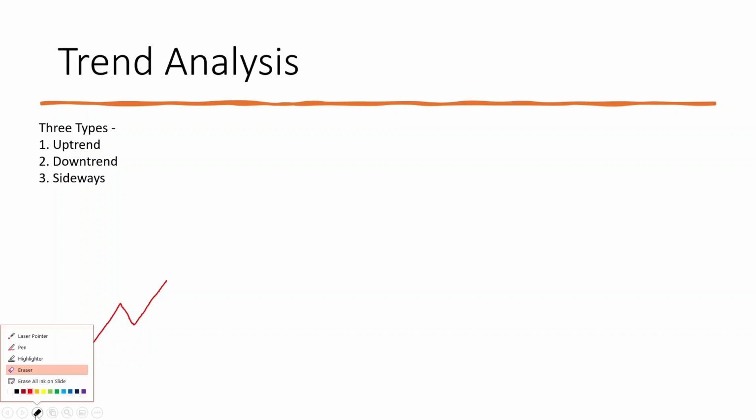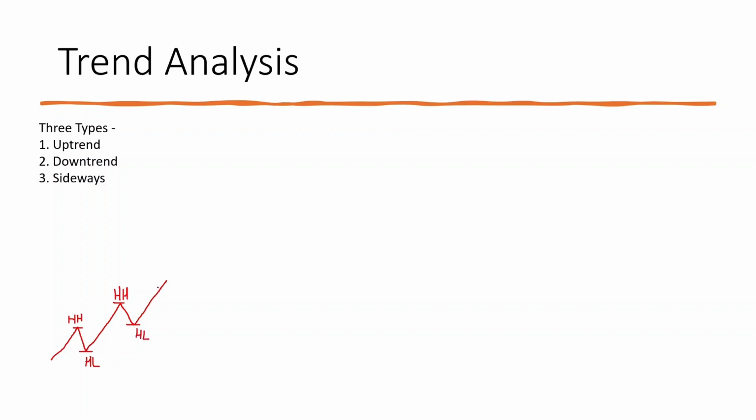We'll discuss that. So the main characteristic of an uptrend is rising prices which are forming a structure of higher high and higher low. You can see here that this high is higher than this high and this low is higher than this low.